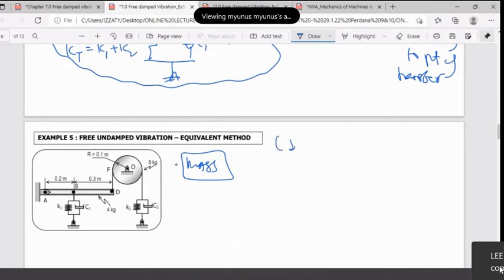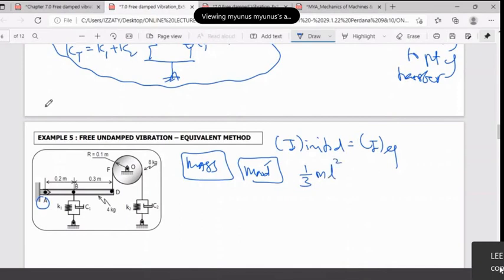The equation used is I initial equal to I equivalent. So our interest is to look at the M rod, for example, and put it as M rod prime. The M rod is basically pinned or pivoted at A, so you have 1/3 ML square.